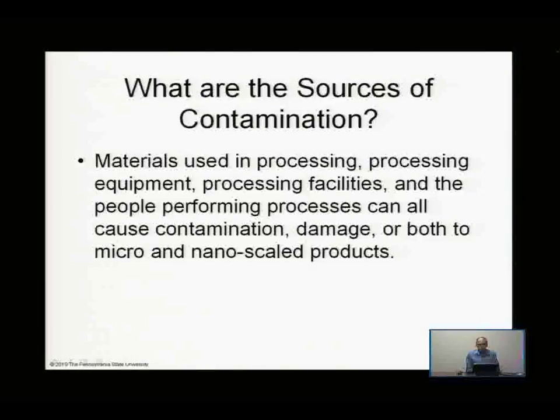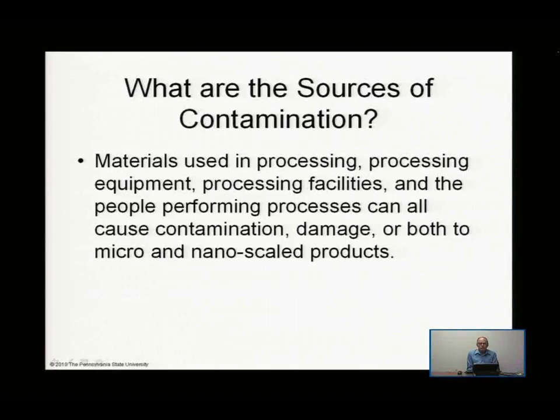Let's talk about what the sources of contamination are. As we said, it's materials that just are inadvertently present. So you can have the materials that are used in processing be contamination. The processing equipment can cause contamination. It could be dirty.